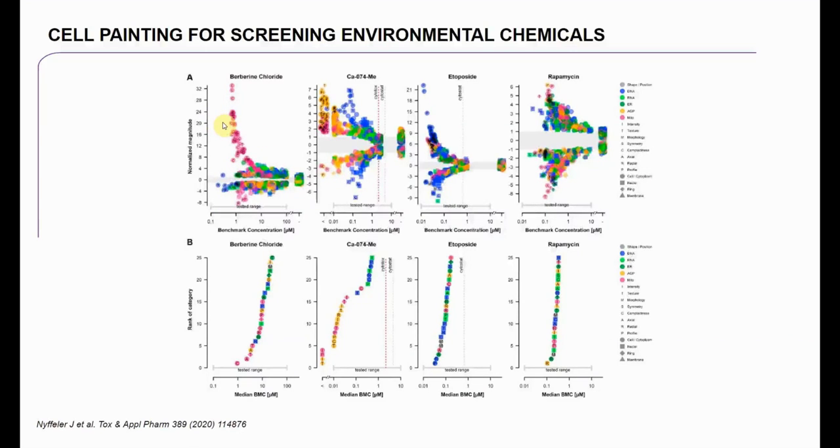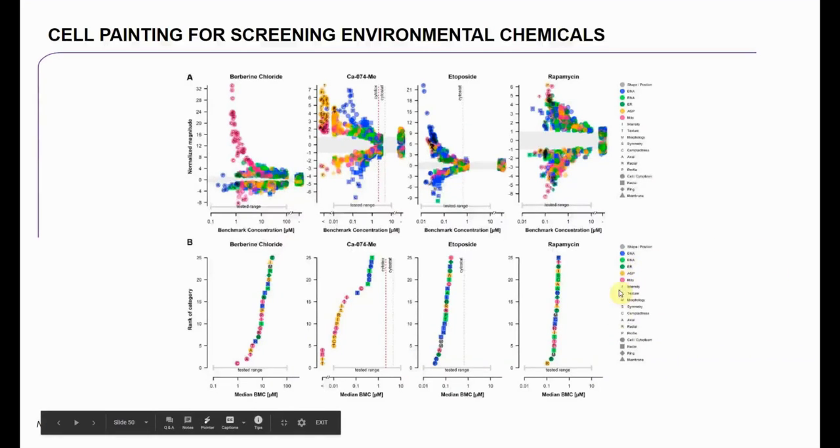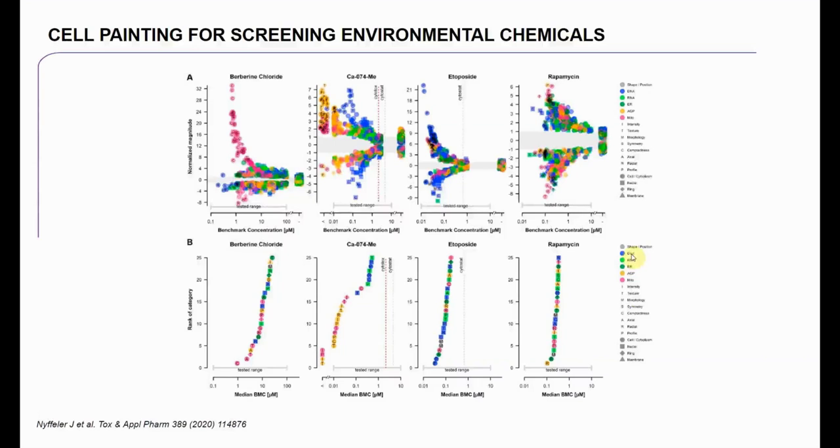Okay. Now, what you do then is you take all of these 1300 features and you group them into 49 different classes. And so here you can see how they're actually grouped. So for example, you will have DNA intensity features, DNA texture features, DNA morphology features, RNA, etc. And this builds up into, for the different cellular compartments, 49 different groups of features.